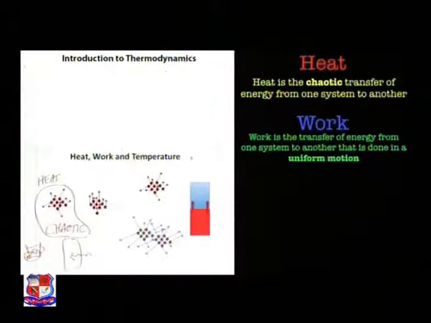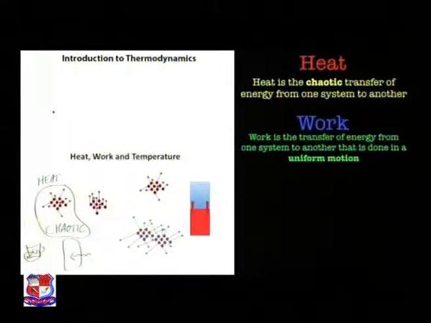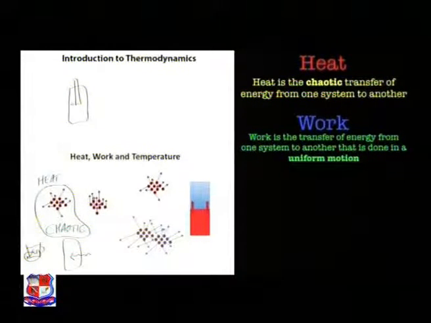So if you've got a piston in your system, there we are. Now work is the transfer of energy as well. Okay, that might be new to some people, probably not, but work is the transfer of energy as well. Okay, but work is the transfer of uniform motion of molecules, if you will.